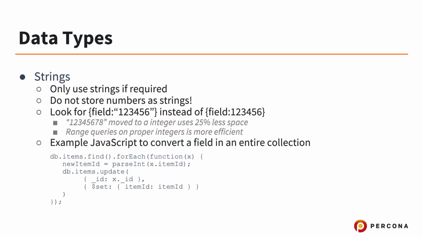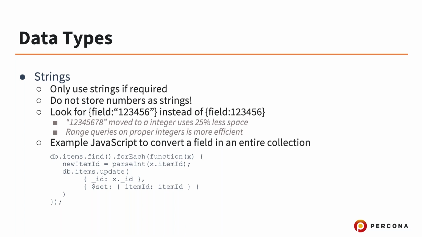Maybe incorrect is the wrong word, but inefficient, where numbers are stored as strings, or dates are stored as quoted strings. Booleans are stored as quoted true, quoted false. Those are usually things that are hard to fix when you have a terabyte or many terabytes of data written into the database in production, but very, very simple to fix at development time.